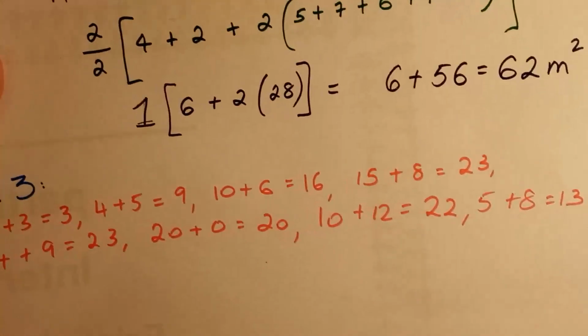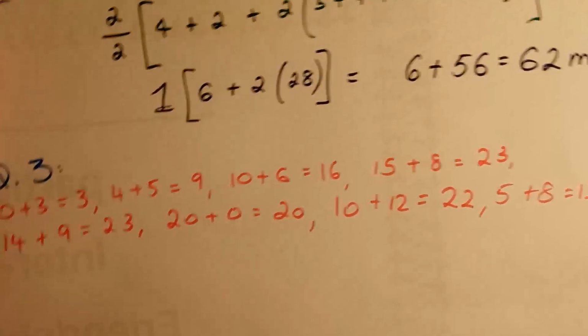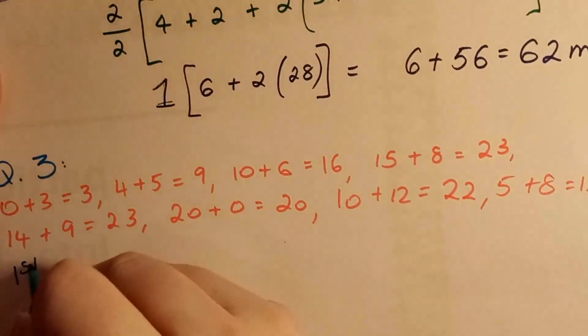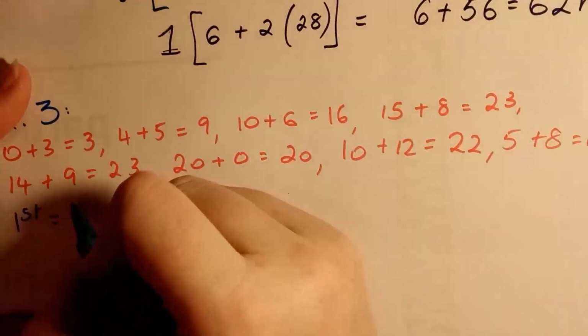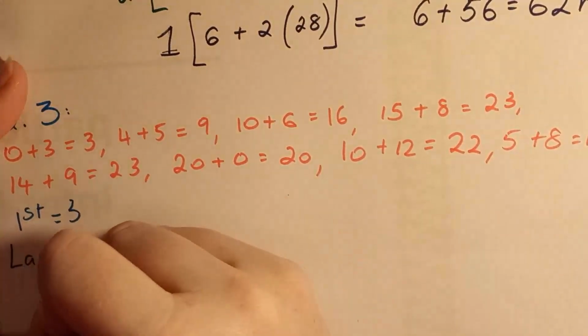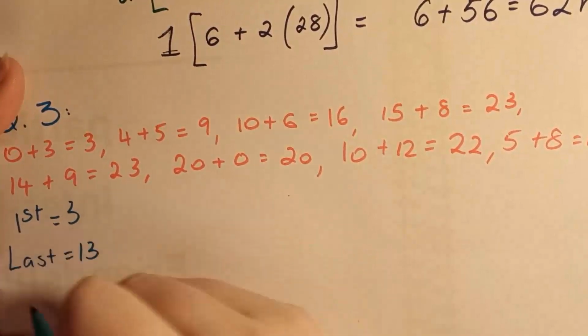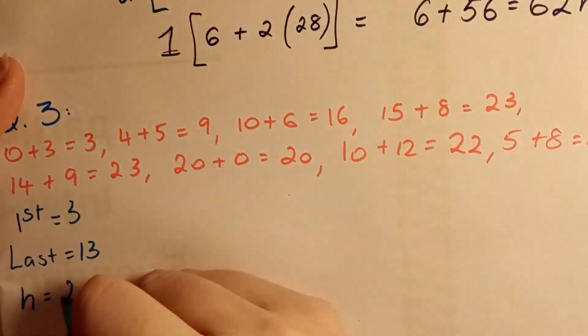So again, identify your first, your last, and your h. My first this time is 3. My last is 13. And my h this time is 2.5.